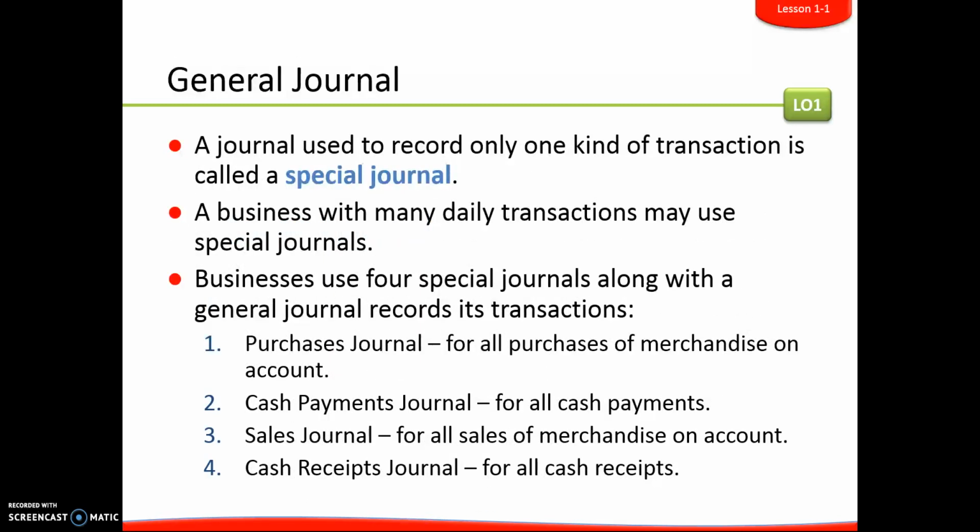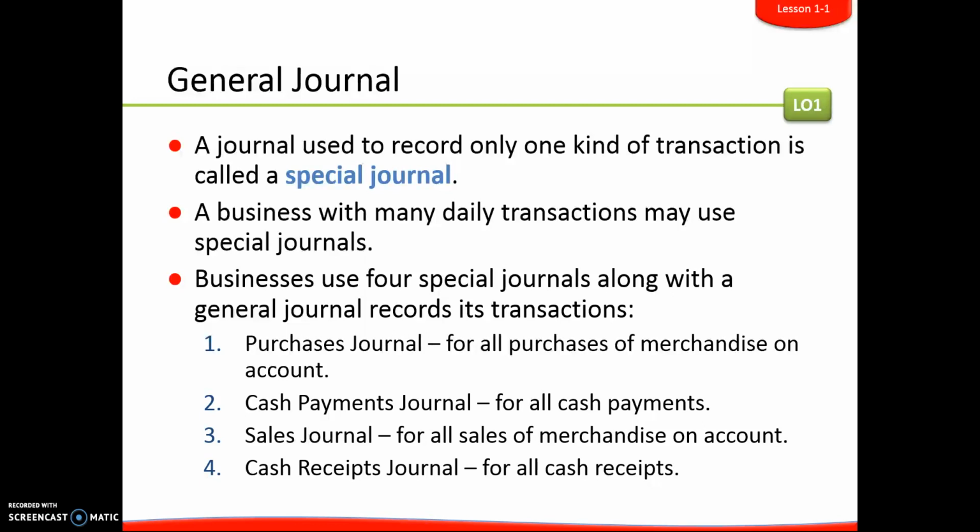And then starting in chapter 9, we started working with our special journals. Remember that a special journal is simply a journal used to record only one kind of transaction, especially if you have a business that goes through several daily transactions. It's best to use a special journal just to keep everything in its rightful place.